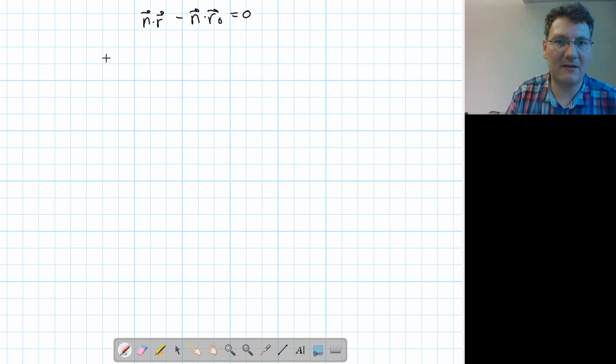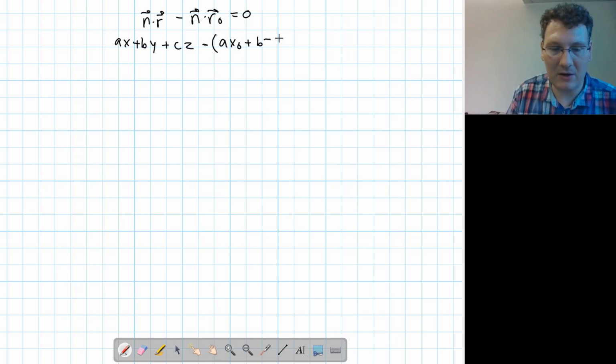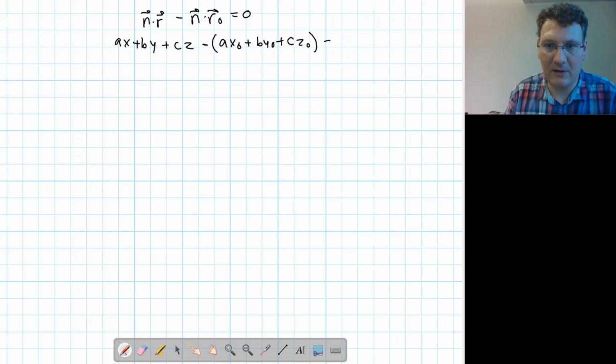If we take the second form of the vector equation and expand the terms, we can write this. You notice that the first dot product is going to give you ax plus by plus cz, and then this next term is going to be, I'll put minus, and in parentheses I'll put the parts, which is going to be ax0 plus by0 plus cz0 equals 0.